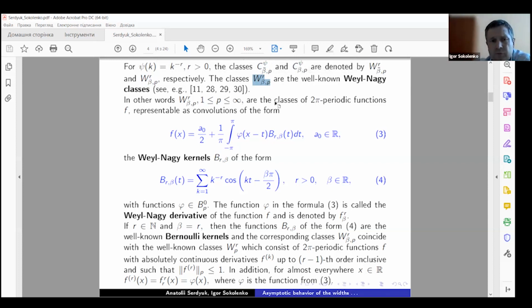In other words, W^r_{beta,p}, p between 1 and infinity inclusive, are the classes of periodic functions f representable as convolutions of form 3, with the Weyl-Nagy kernels B_{r,beta} of form 4, with the function phi belonging to the unit ball B_0^p.